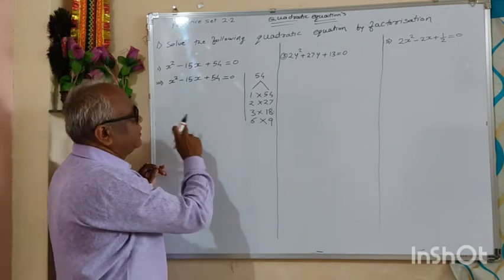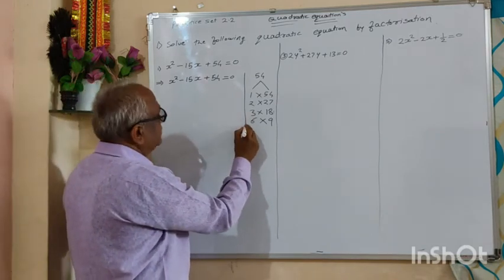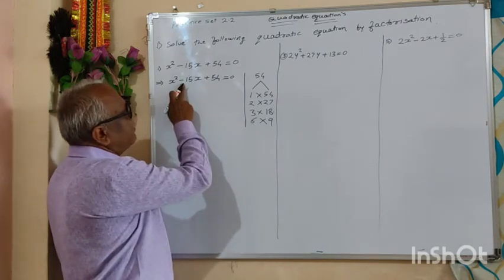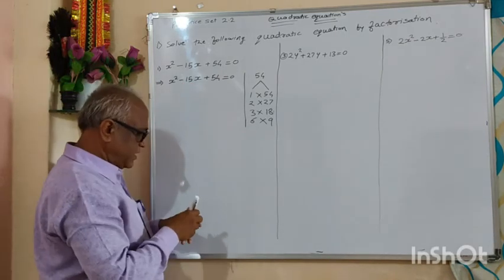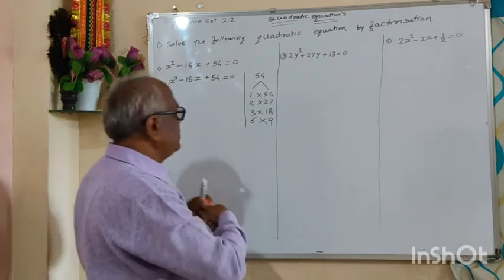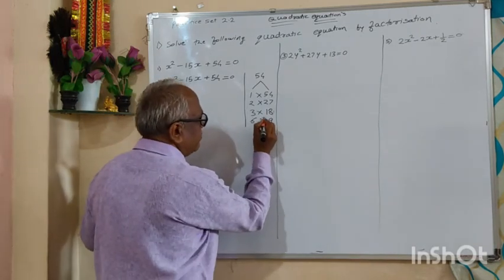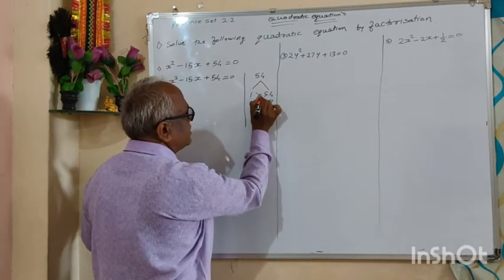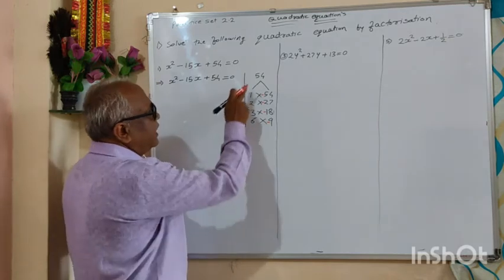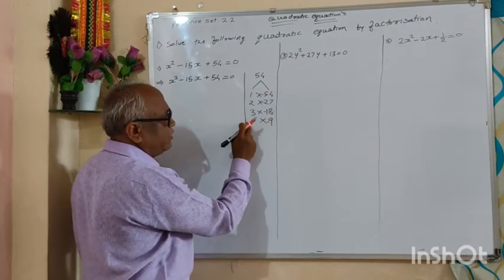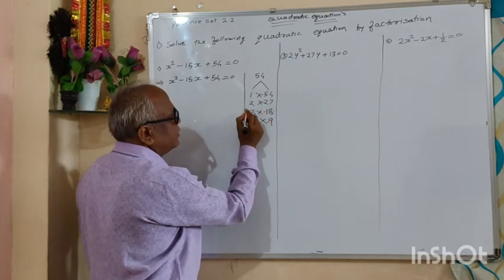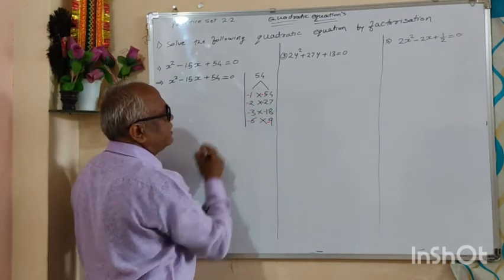Now, here the middle term sign, that is minus 15, has a minus sign. Give that minus sign to the greater number. That is here minus 9, minus 18, minus 27, minus 54. And now this 54 has the positive sign, so negative into negative is positive. So here also we have given the negative number.